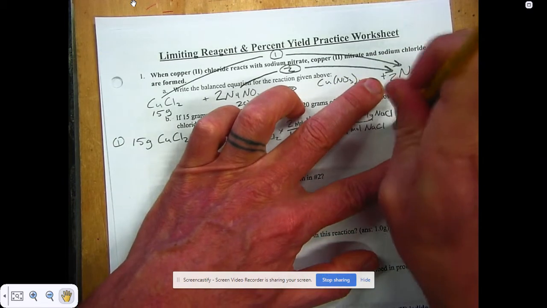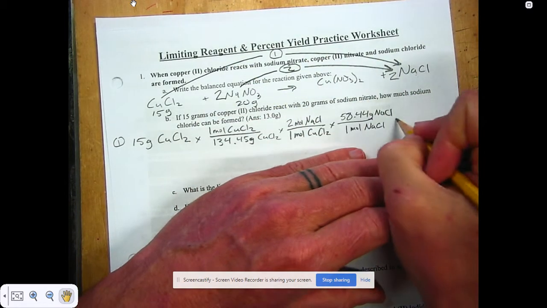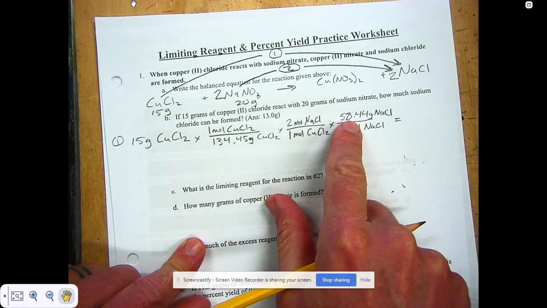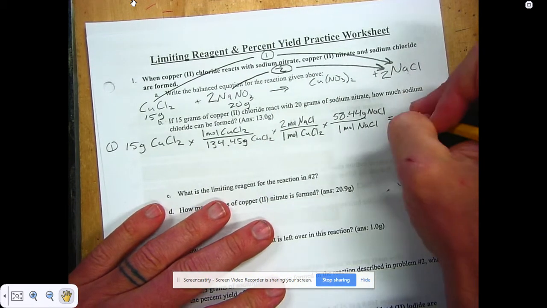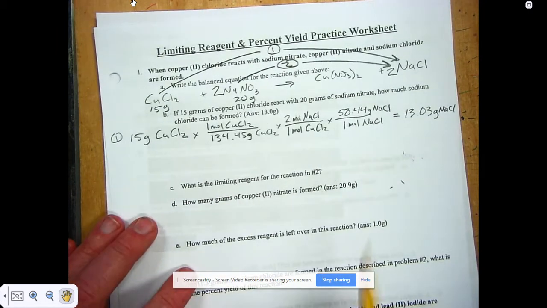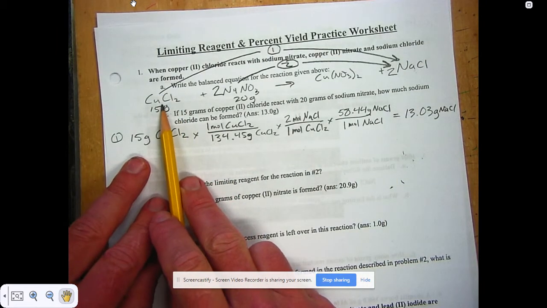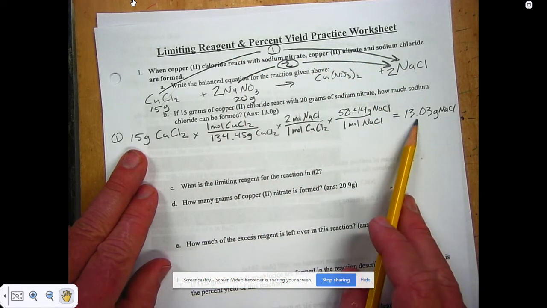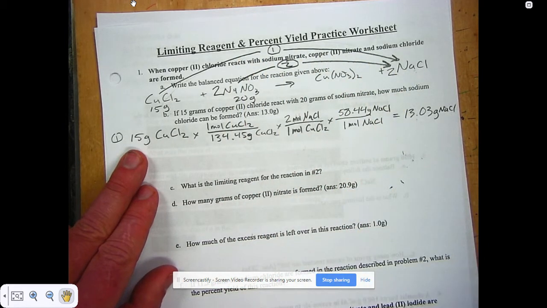And if I do this divided by this, times this, I get 13.03 grams of sodium chloride. So if we have 15 grams of copper 2 chloride, we can make 13.03 grams of sodium chloride.